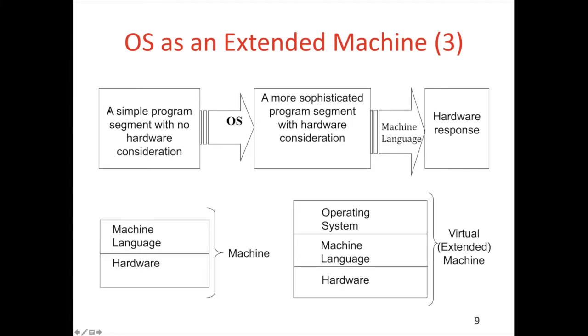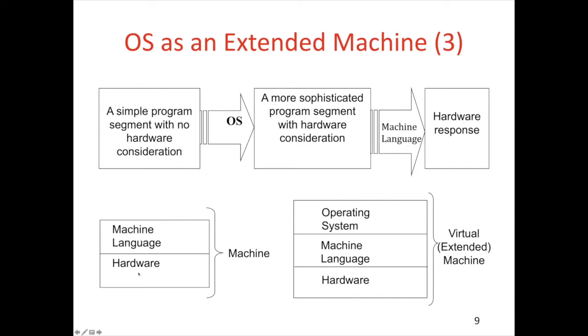We prefer to be able to write a simple program segment with no hardware constraint. Through the operating system, a more sophisticated program segment with hardware constraint is used to convert this code into the machine language, and when it is loaded in the hardware, we can get the hardware response for that code.